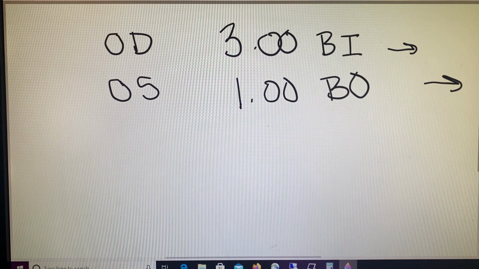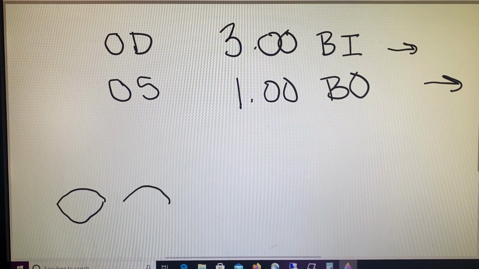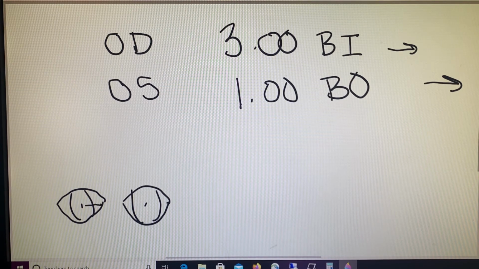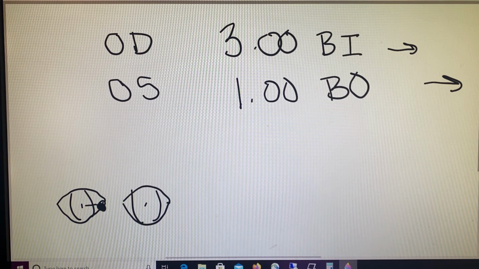So again, if we're looking at our patient, here's our patient's eyes, and in the right lens, we needed 3 diopters of base in. So that means that that optical center is placed in this way, and in the left eye we had 1 diopter of base out.